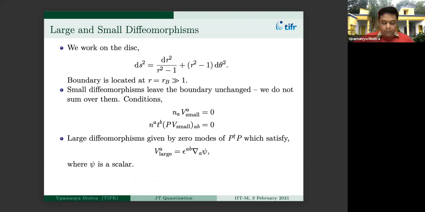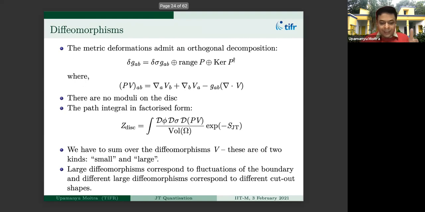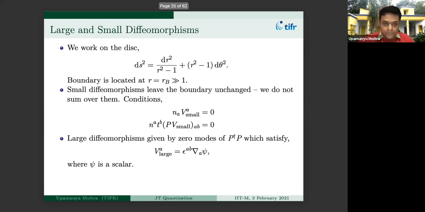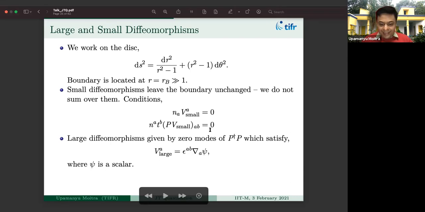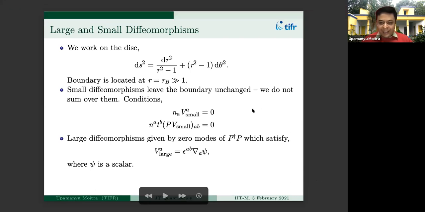And large diffeomorphisms we need to sum over. So we work on the disk, and on the disk we work with the standard coordinates, dr squared over r squared minus 1, plus r squared minus 1 d theta squared. And the boundary to begin with is located at some r_b, which is much greater than 1. And this r_b actually corresponds to 1 over epsilon. And what we call the small diffeomorphisms leave the boundary unchanged.